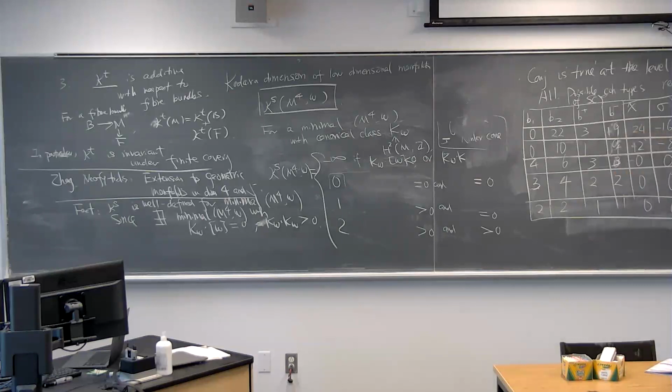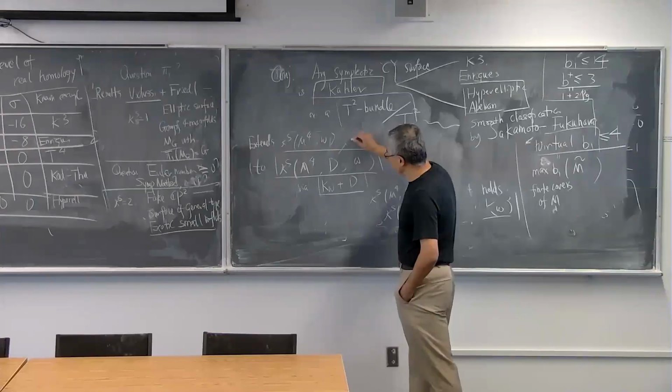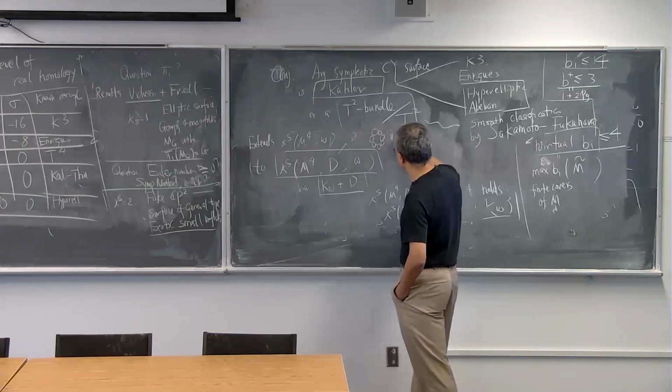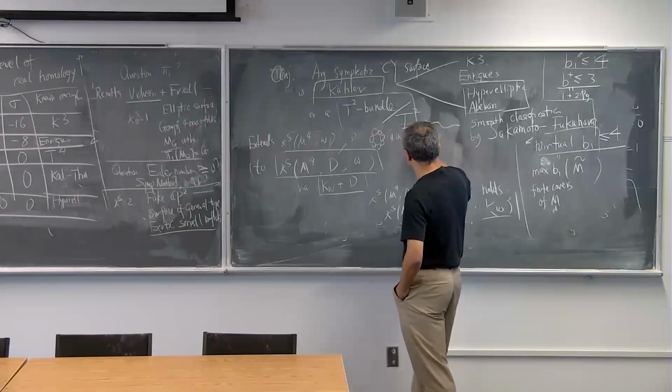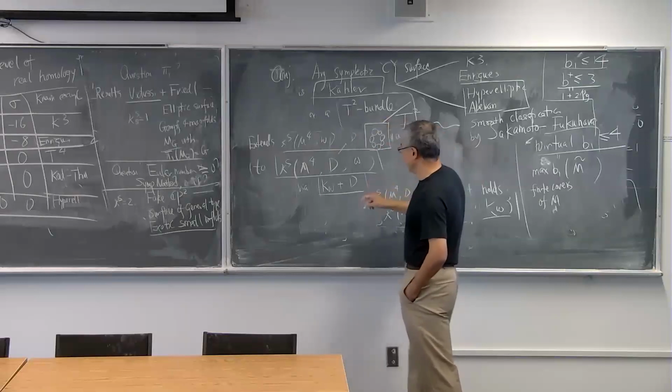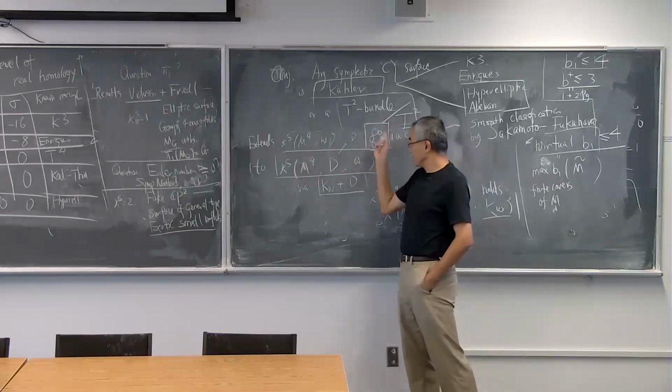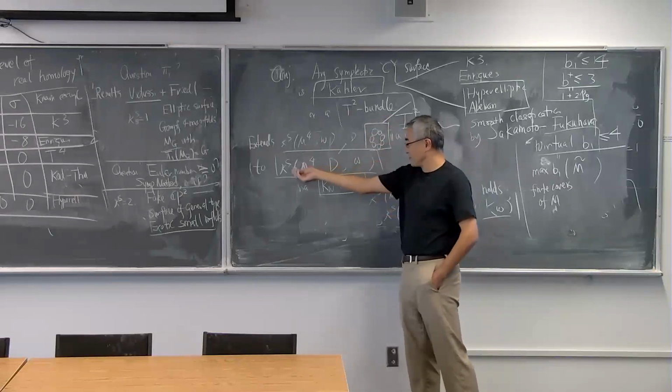maybe yesterday I mentioned I will look at the case where D is just a cycle of spheres, a cycle of P1. So in fact, in this particular case, this notion behaves very well.